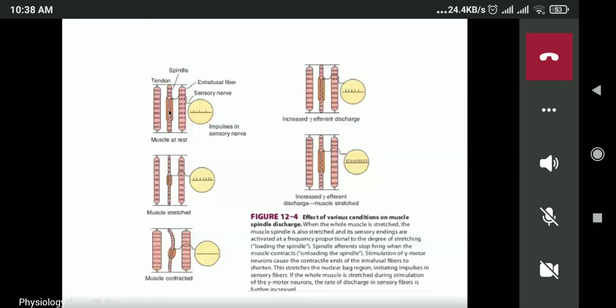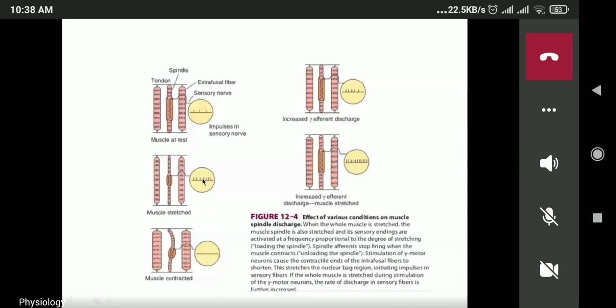So this is in the normal resting state. When the muscle is stretched, at that time what happens? You see this portion is stretched. Here this portion is stretched. So naturally from here the sensory nerve is giving so much impulse. 1, 2, 3, 4, 5, 6. So the sensory nerve is giving sensory impulses.